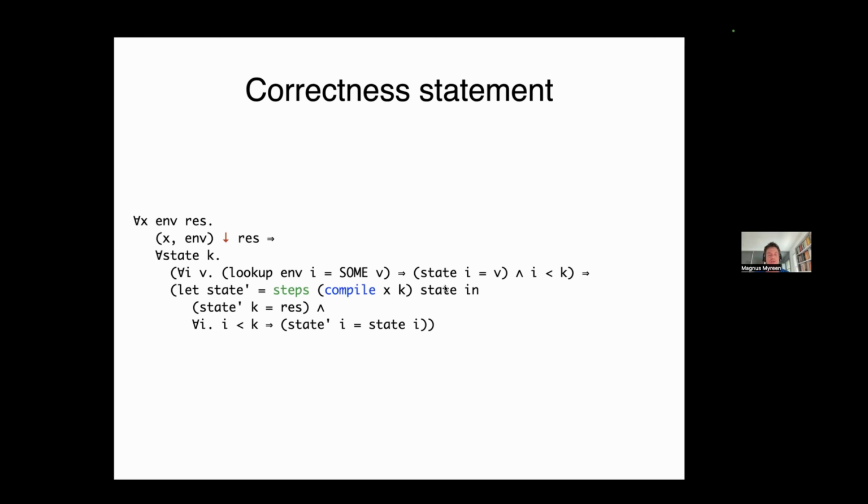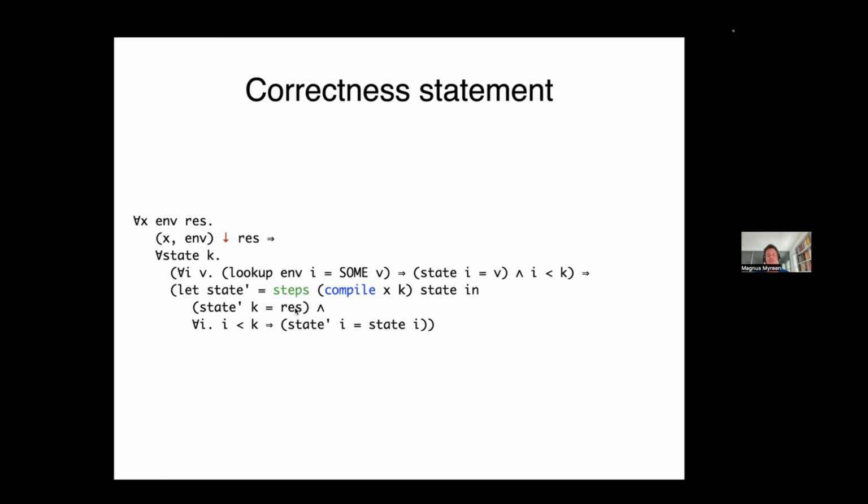State is what goes into the steps function. Remember, the steps function is the target semantics, the operational semantics. It's given the state, so state is the initial state, and compile and k is where the result should go. We have an assumption, which I'll get to in a moment, but what you should see is that I'm taking this result and putting it to state prime and checking that, yes, at register k, we have res.